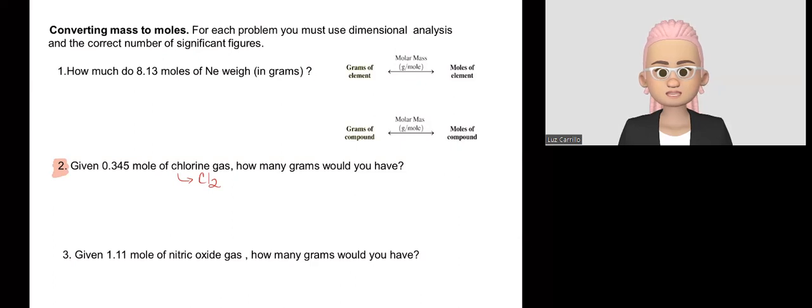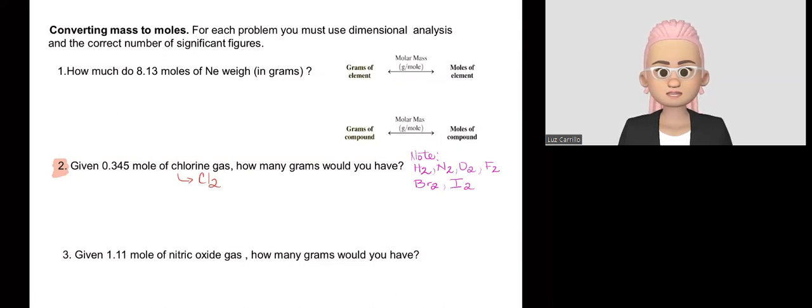So we are talking right here about the diatomic form of chlorine. Other elements that also have this are going to be hydrogen, which is mostly found as a gas, nitrogen, oxygen, fluorine, chlorine, as you can see in the example, bromine, and iodine.